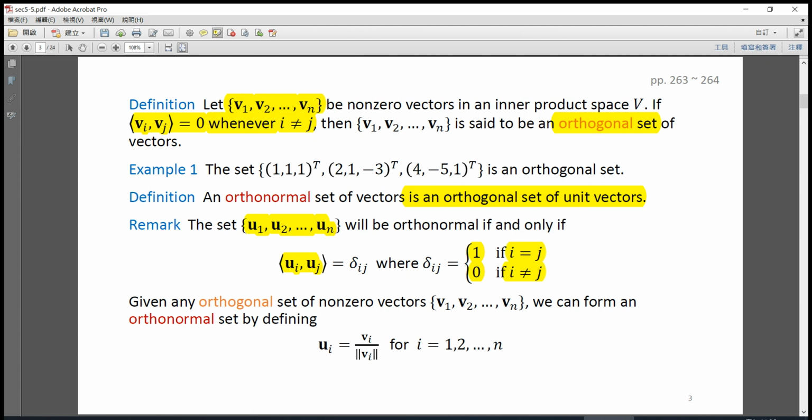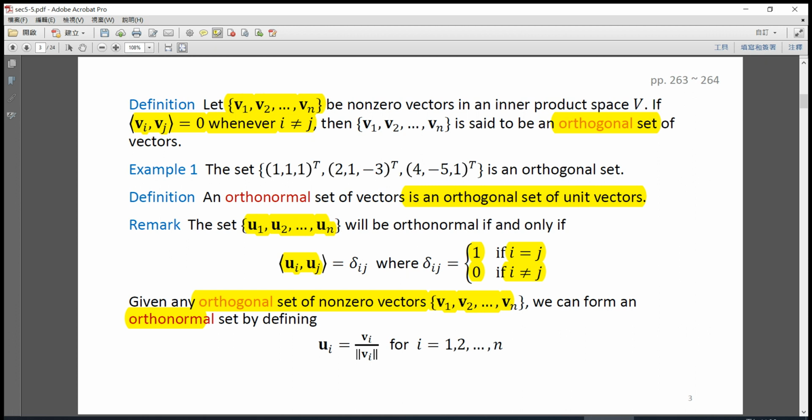Given any orthogonal set of non-zero vectors, we can always construct an orthonormal set from the orthogonal set. This can be done by normalizing each vector vi in the orthogonal set to have length 1.